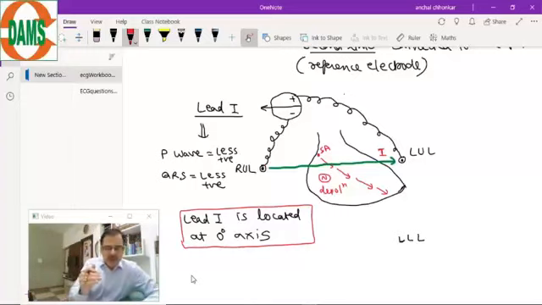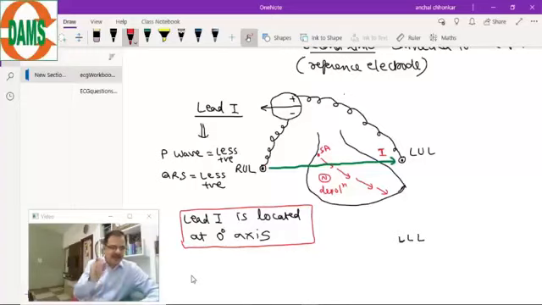Now coming to lead 2. Hopefully lead 1 is clear to all of you: how lead 1 is made, what is the manifestation of the P wave and QRS in lead 1, and what is the location of lead 1 in an imaginary axis. So this is located at the 0 degree axis.